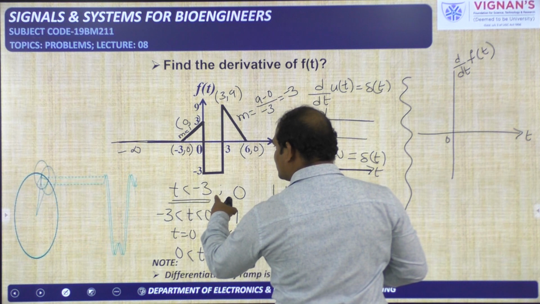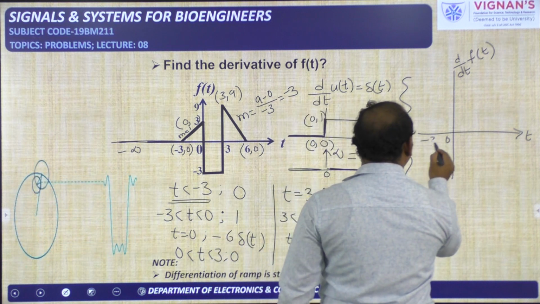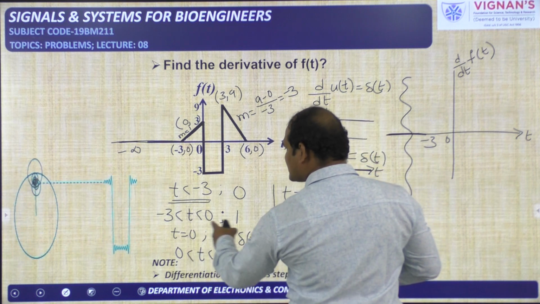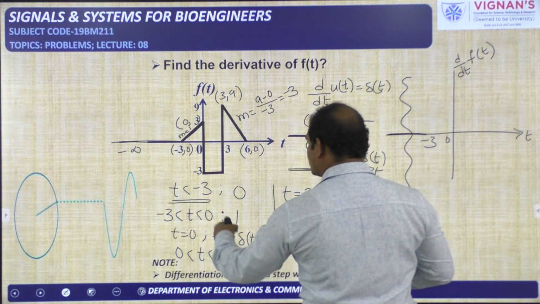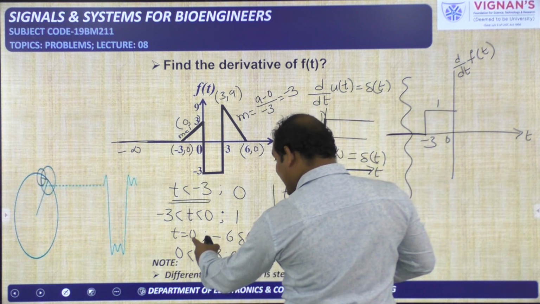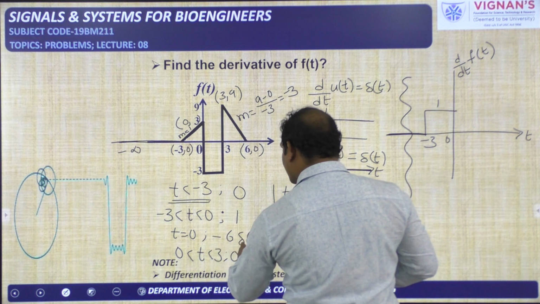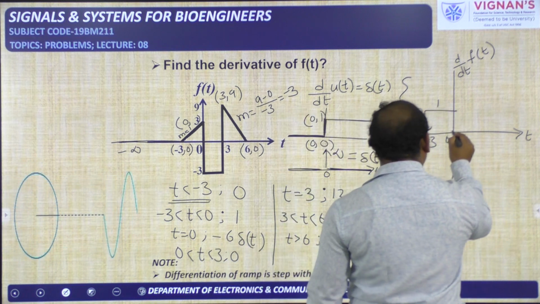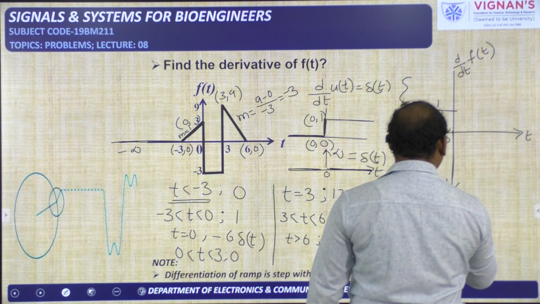When t is less than minus 3, the amplitude is 0 for the derivative part. When t is between minus 3 and 0, the amplitude is 1. Exactly at t equal to 0, the derivative involves minus 6 into del of t.